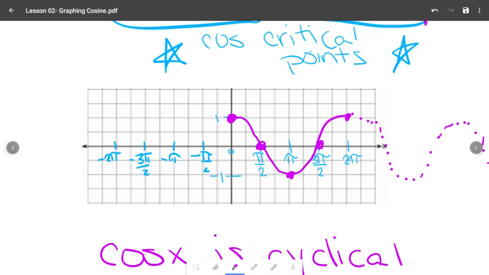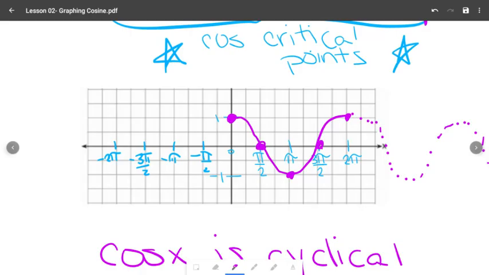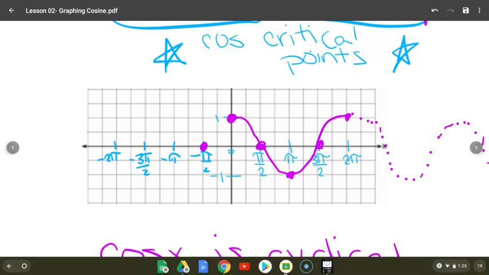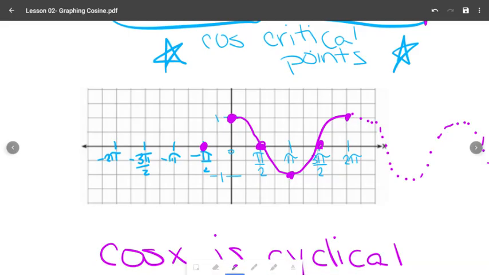Again, negative pi over 2, if you want to use your calculator, cosine of negative pi divided by 2 is 0. Then the negative pi, I could do cosine of negative pi. I get -1.